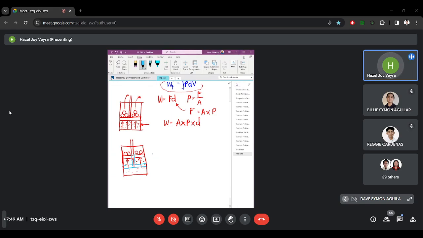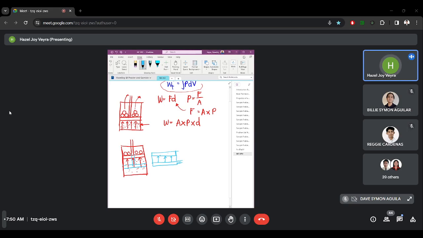And yung work na sinasabi dito class is yung naging change in volume. Itong part na to. Di ba originally ito yung height, yung level ng piston, and then nag-expand siya, nag-act si pressure, and then this portion, this displacement is the work done by the system.